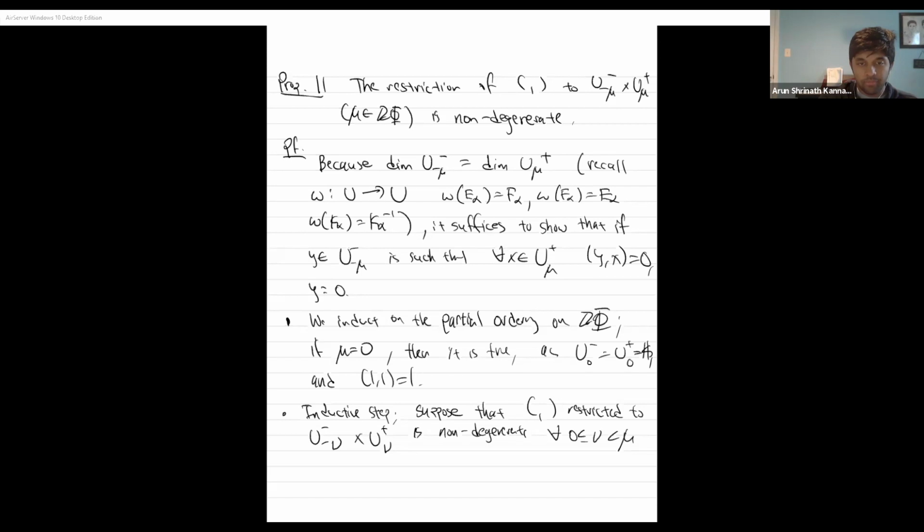So what we want to do is break up what we have in u minus mu cross u mu plus into lower pieces so we can apply the inductive hypothesis.